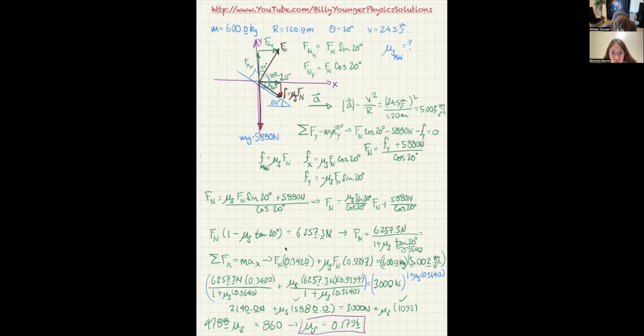So I did plug in mu static normal force times the sine of 20, plus 5880, over cosine 20. And then I made it mu sub s sine 20 over cosine 20 times F normal. And then 5880 over cosine 20.